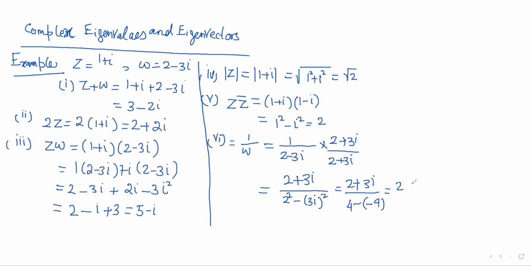Then it will be 2 plus 3 iota over 13. So in this way, we have rationalized the denominator.